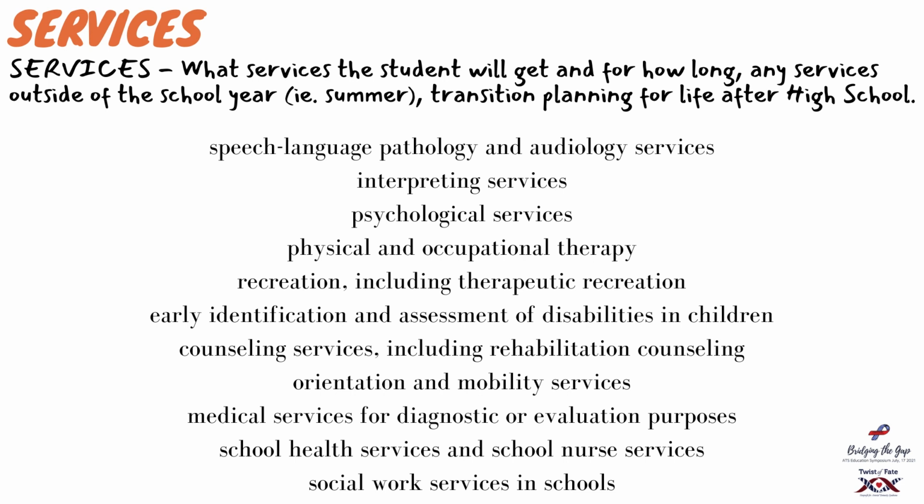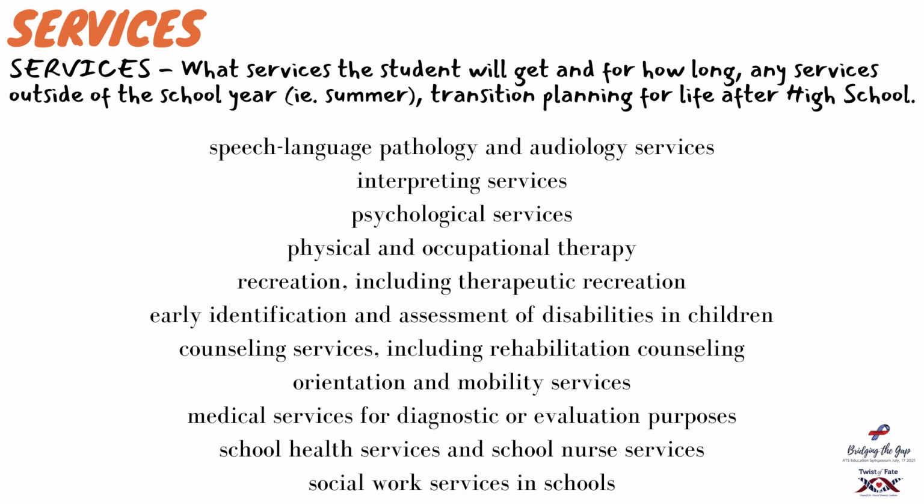There are also supplementary aids and services. One of the most powerful types of supports available to children with disabilities are the other kinds of supports or services, other than special education and related services, that a child needs to be educated with their peers in general education to the maximum extent appropriate.